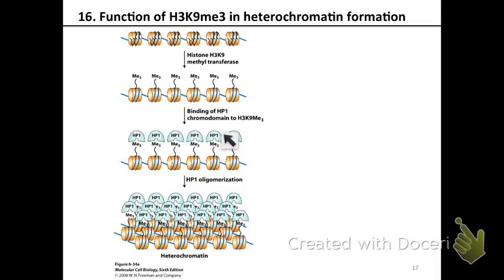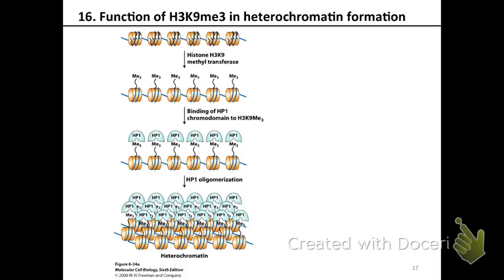Okay? So it binds to each other. So you have a protein binding the methylated lysine tails, and it's going to bind to each other. What you're going to have is that everything is going to start clumping together. Okay? You're going to have oligomerization. So that means that it's going to start condensing. Does that make sense?